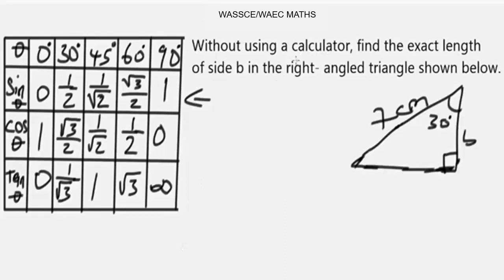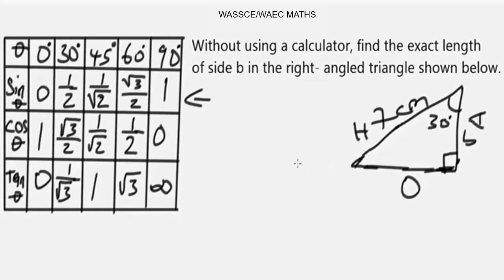It says, without using a calculator, find the exact length of side B in the right angle triangle shown below. The first thing we have to do, since it's a right angle triangle, is label the parts. The longest side is usually our hypotenuse. This is our opposite, and this is our adjacent A.